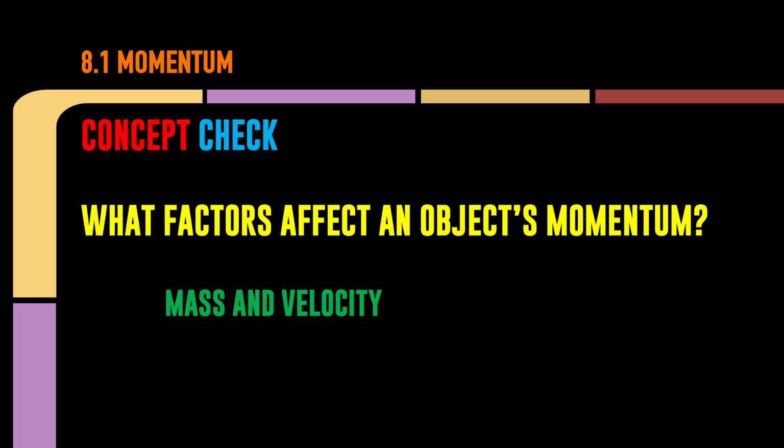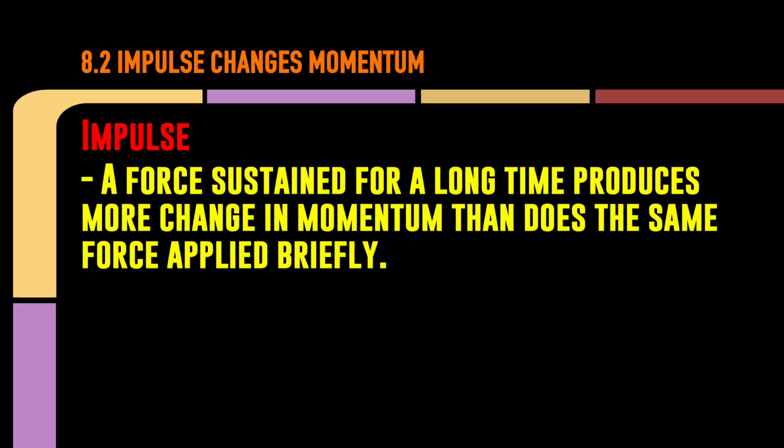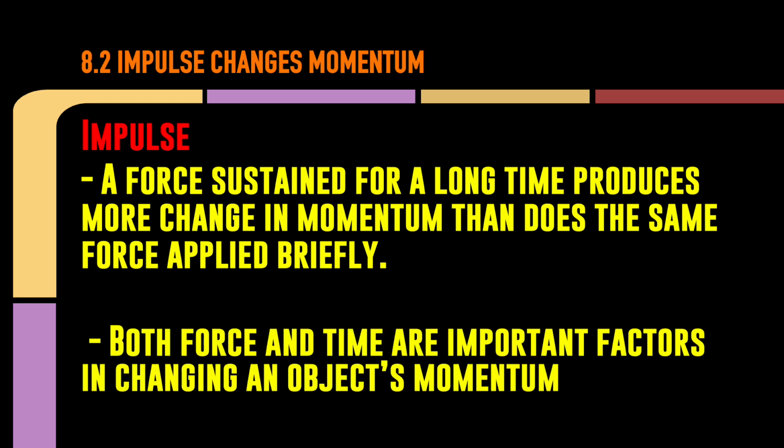Let's take a look at what impulse is, and an impulse is what affects momentum. So an impulse is a force sustained over a period of time. If you apply a force for a longer period of time, there is more of a chance of a change in momentum than if you apply it for a very brief amount of time.